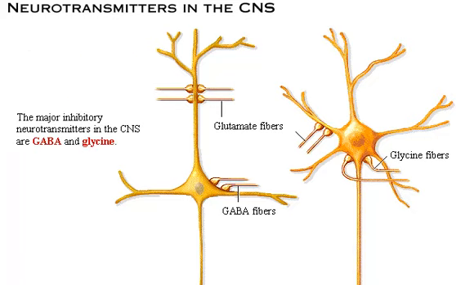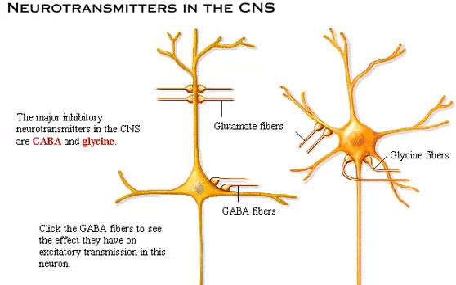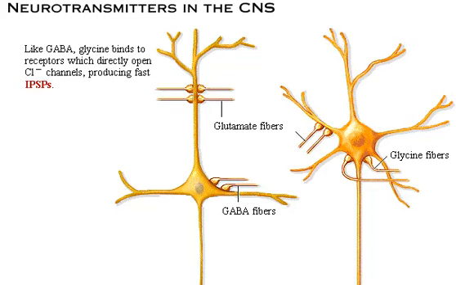The major inhibitory neurotransmitters in the central nervous system are GABA and glycine. Click the GABA fibers to see the effect they have on excitatory transmission in this neuron. Like GABA, glycine binds to receptors which directly open chloride channels, producing fast inhibitory postsynaptic potentials.